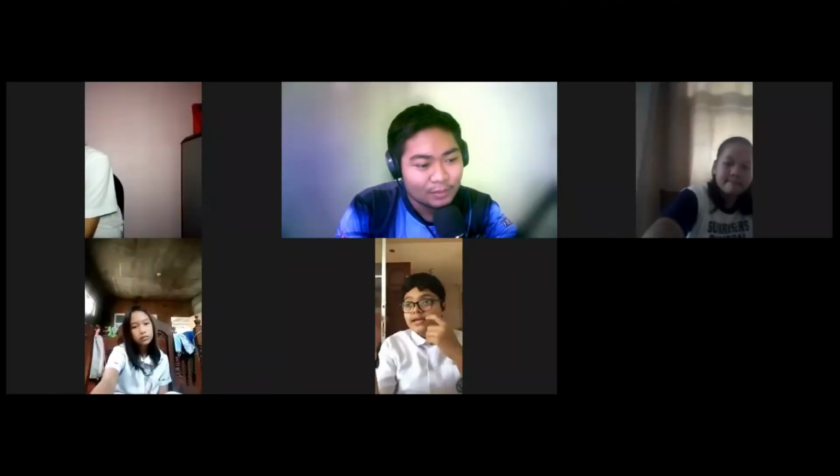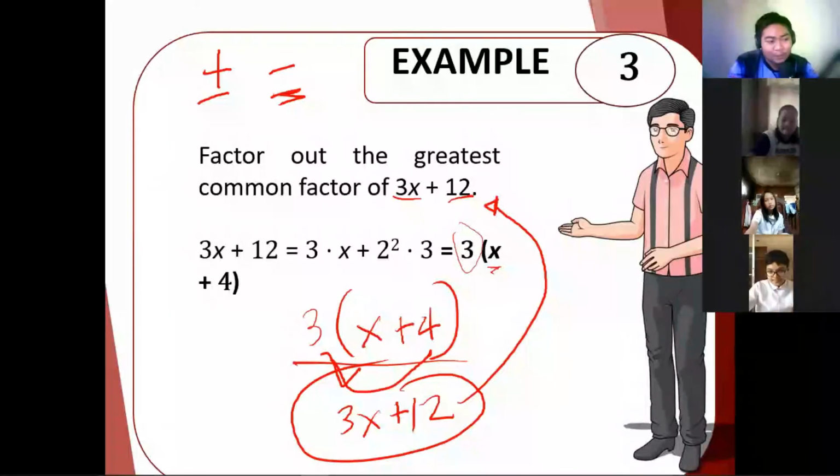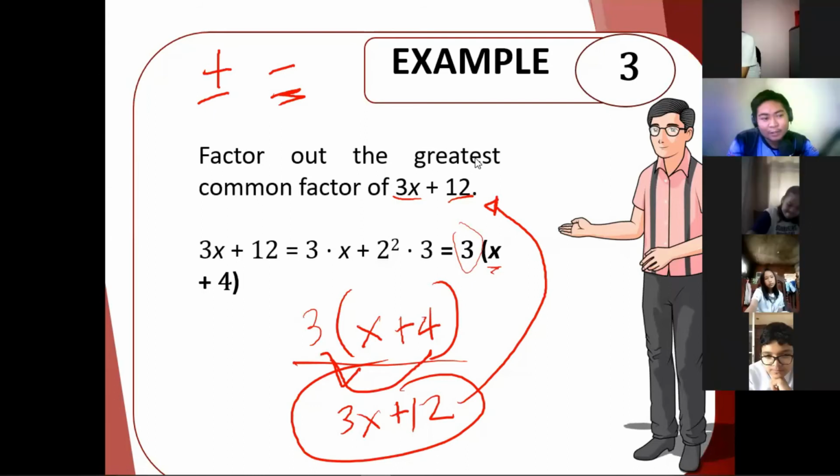Okay, so let's continue. How did we get the 4? Just simply divide. Didn't we take out 3? If you factored out 3, the common factor is 3. What is left when we factor? This would be 3 times x, and 3 times 4.